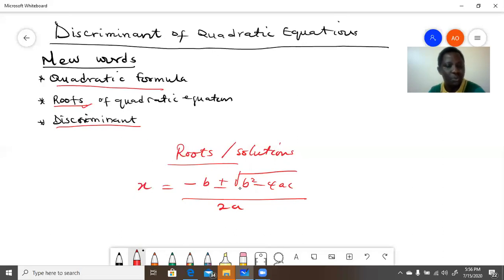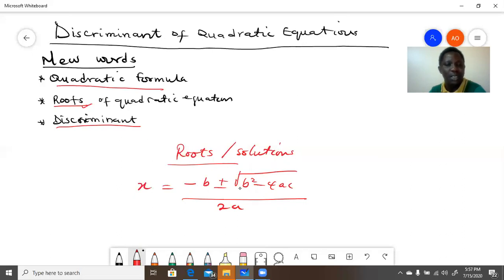You can have 2, sometimes you can have only 1, and sometimes you may not have any solution at all. How do we know whether you are going to get 2 roots, 1 root, or no root at all? Is that clear?